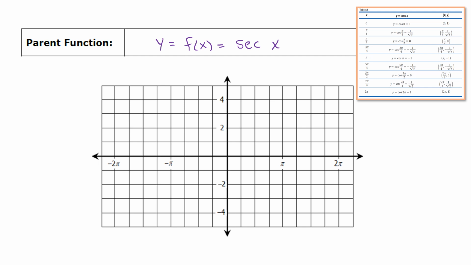Similarly, wherever we see 0 as a value for cosine, we know we're going to have an asymptote. So let's plot those first. So we have 0 at pi over 2. And we have 0 at 3 pi over 2.